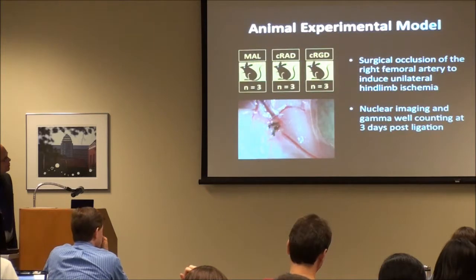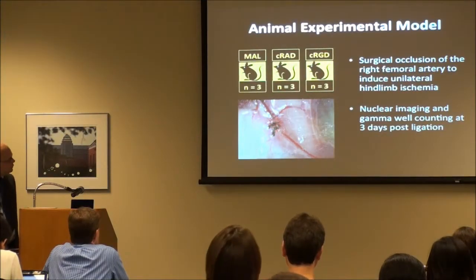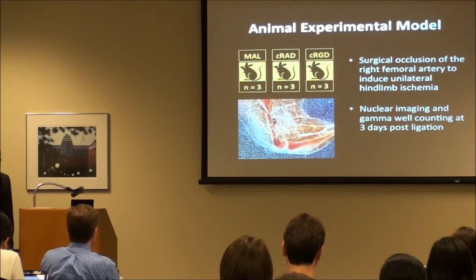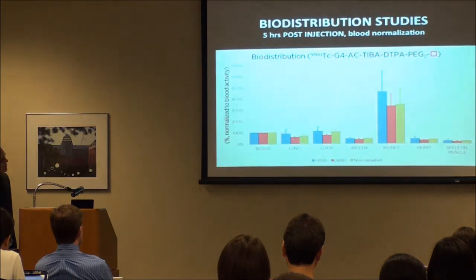We injected these into 3 different animals which had a ligated femoral artery, shown here, which after 2 weeks shows some formation of collateral circulation in the leg, which is the process of angiogenesis.